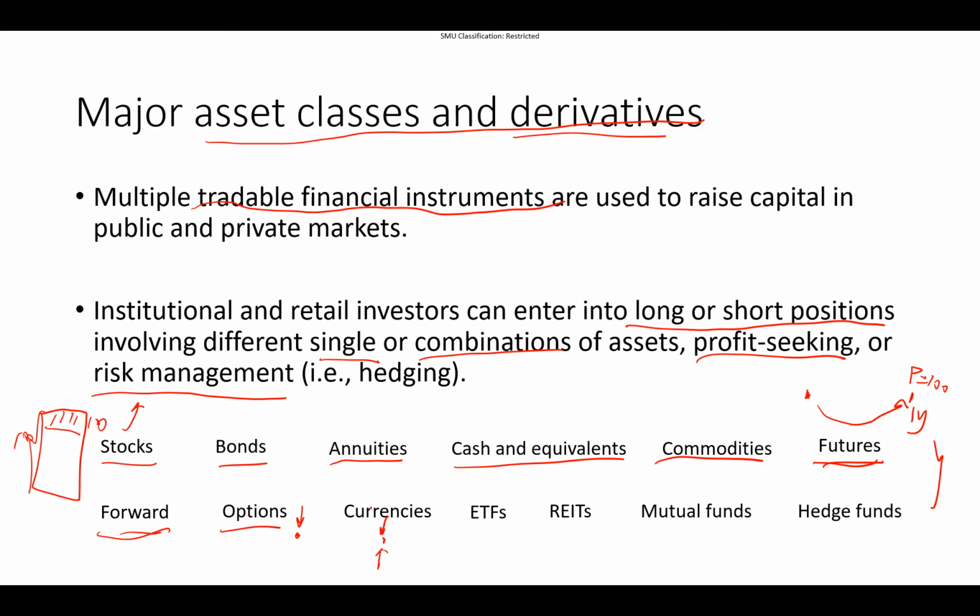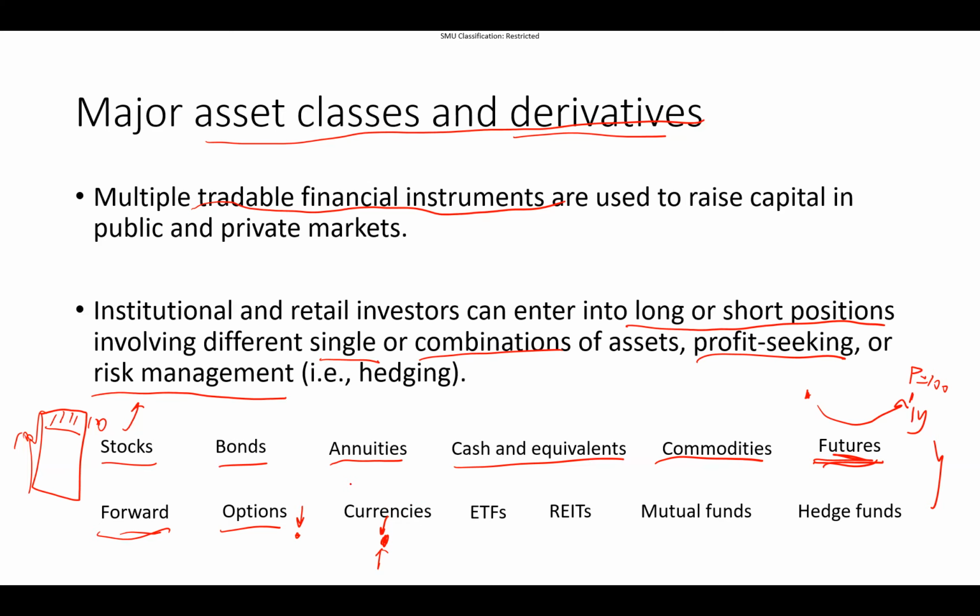This gives us the option to buy or sell. With futures, we have to do the transaction, right? So we have the obligation, but with options, we have the choice to buy or sell the assets at the expiration date, or before, depending on the type of option.